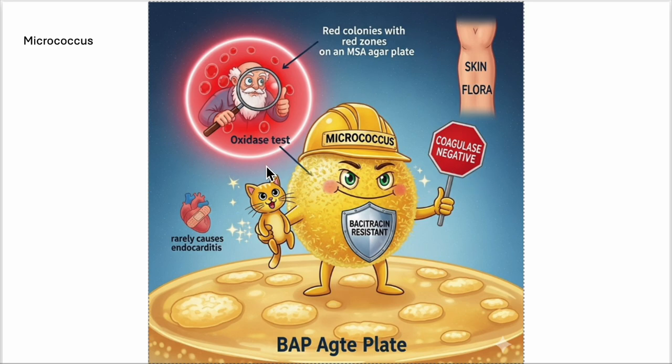I don't believe I necessarily have that on here. It is normal skin flora, and it creates the red colonies on MSA. So it grows on MSA, but it does not change color like Staph aureus does. It's actually pretty rare as a pathogen, but it can cause endocarditis. It looks like staph, but it has the yellow colonies. So here's the rarely causes endocarditis.